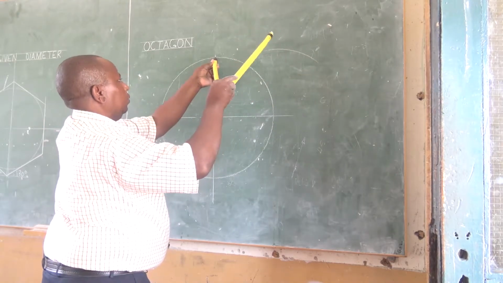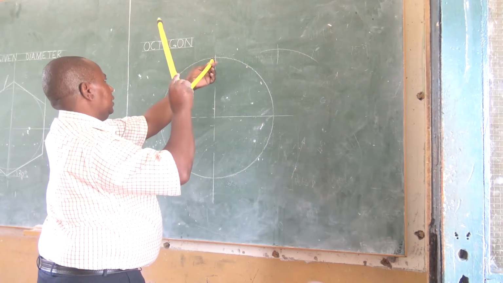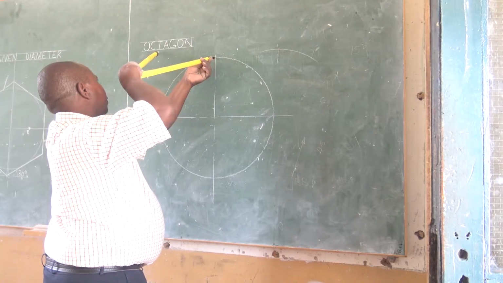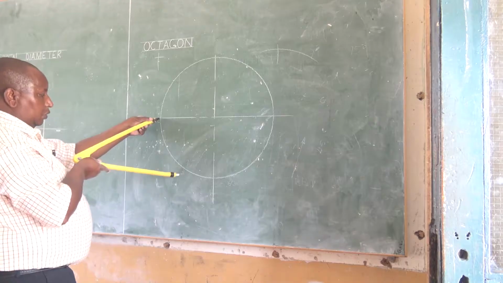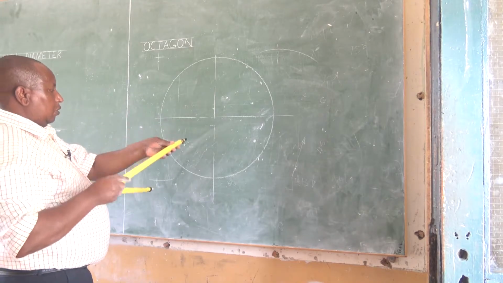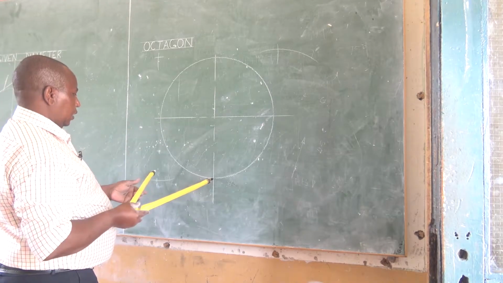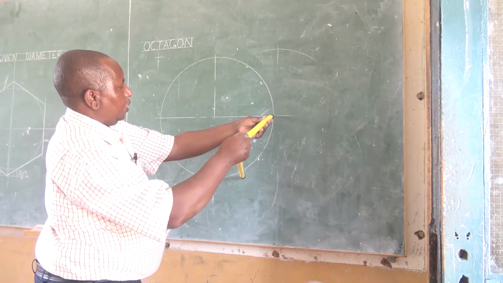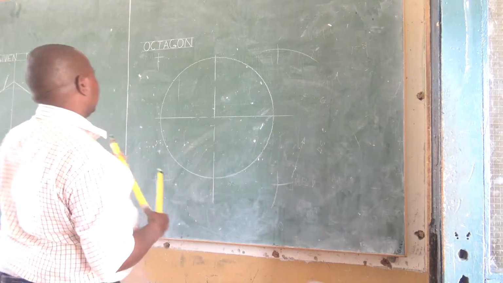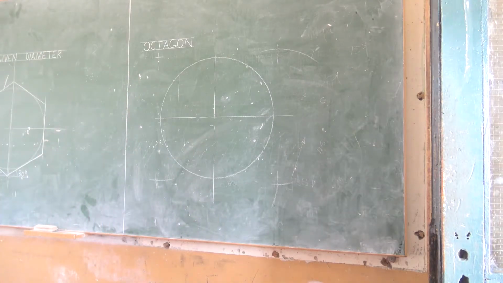We can do that because we do know that each one of the external angles of an octagon is 45 degrees, which is 360 degrees divided by 8.